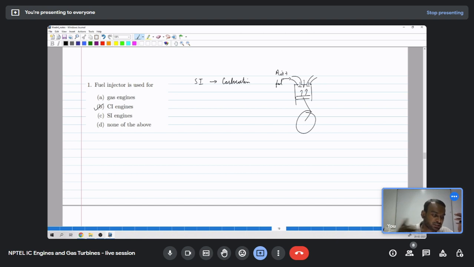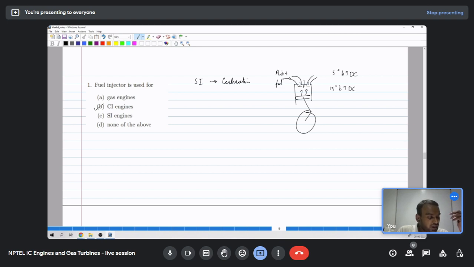Say the spark timing is given 5 degrees before TDC, and if the self ignition occurs at around 15 degrees before TDC, then even when the piston is moving up, the combusted gases will pressurize and push the piston down. Because of this we will lose a lot of useful work.